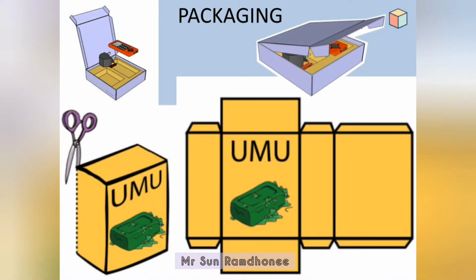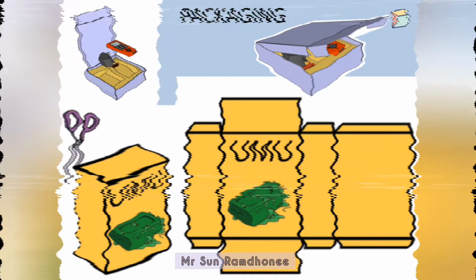The packaging is a very important feature of any product because it protects the product from any damage. To obtain the development, we have to open the packaging. To put it simply, we obtain a development when we open out a solid and lay it flat.